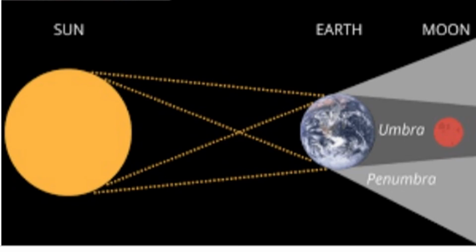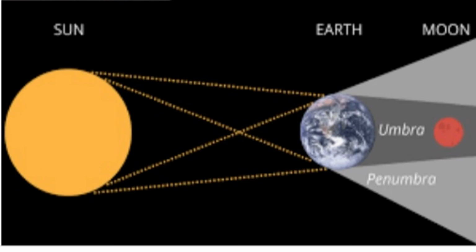The earth blocks the light of the sun from falling on the moon, and the shadow of the earth falls on the moon. This phenomenon is called lunar eclipse.